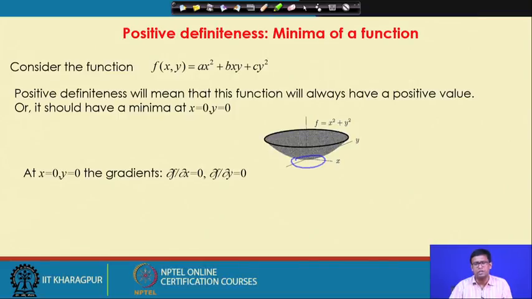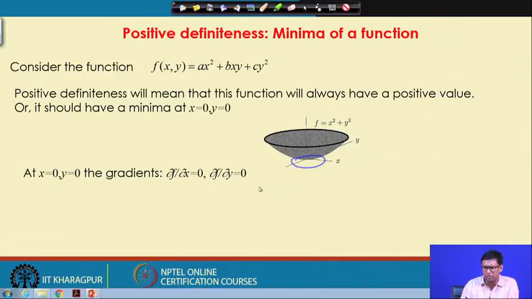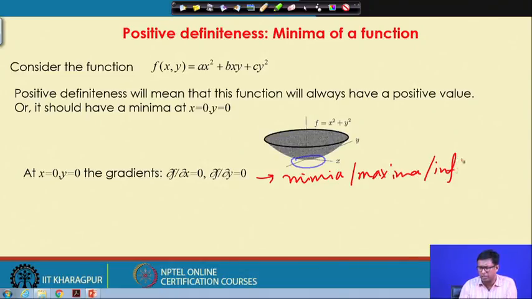So, del f del x is equal to 0, del f del y is equal to 0, because it is a quadratic function of x and y without any other constants here. So, there can be three cases, and we know that if the first derivative is 0, it can be a minima, it can be a maxima, or it can be an inflection point.